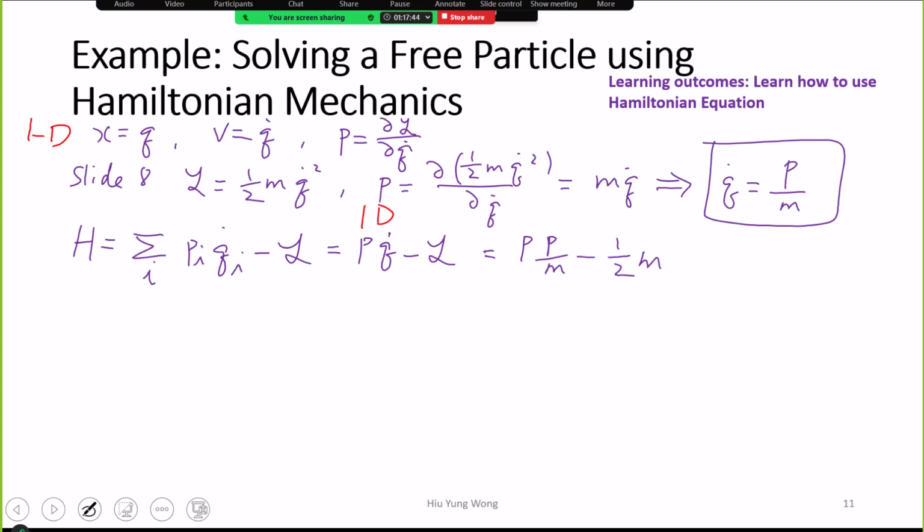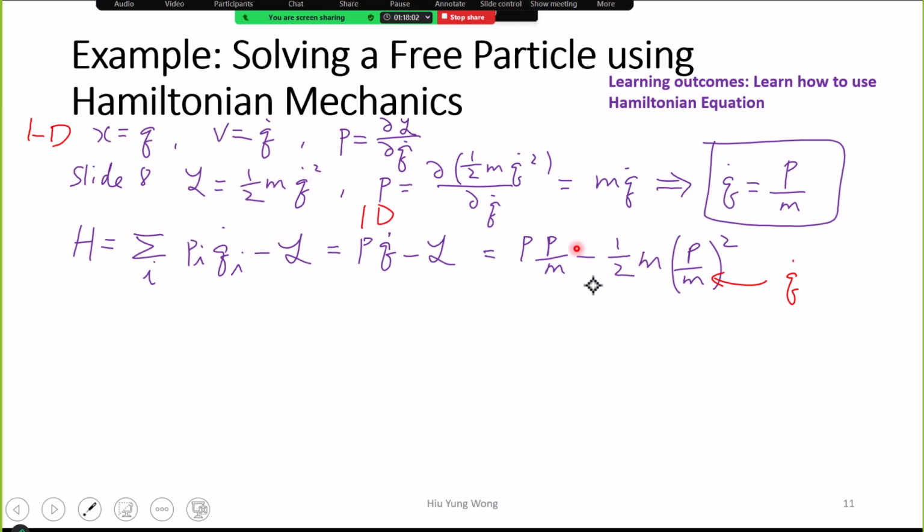It's minus L, but L is 1 over 2 m q dot squared, right? So 1 over 2m, and q dot squared becomes p over m squared, which makes sense from elementary physics.